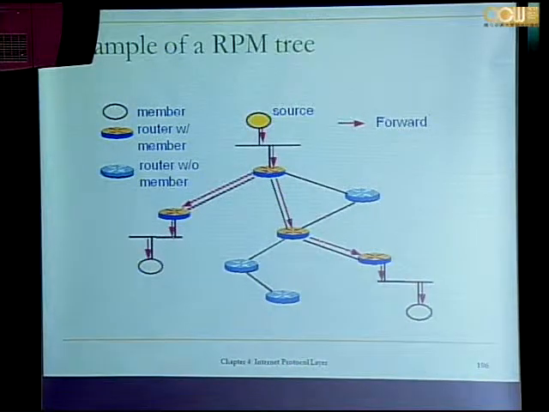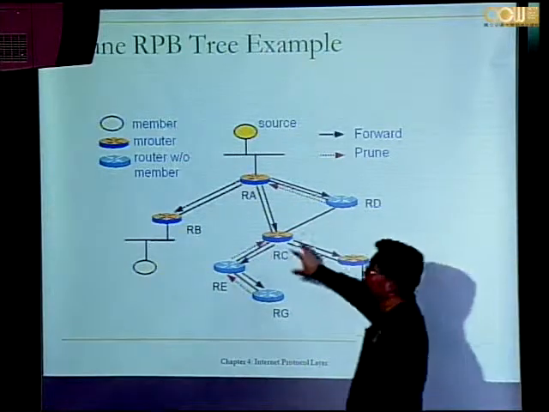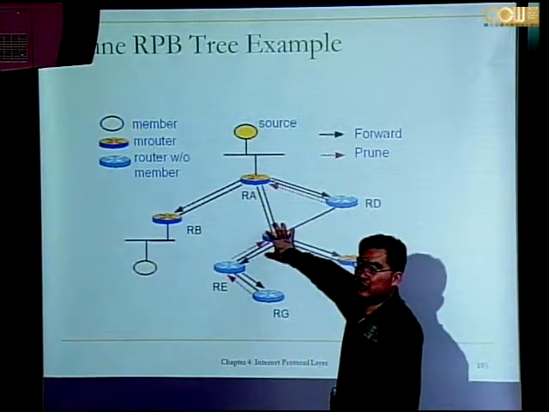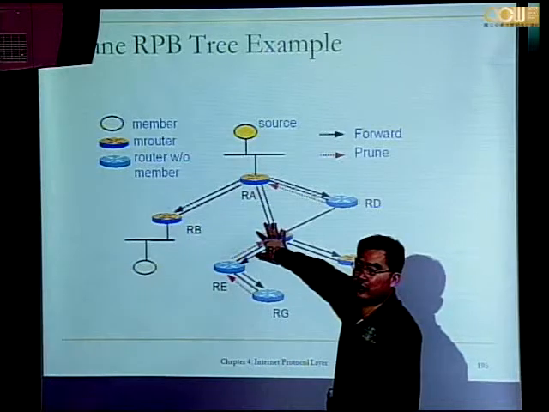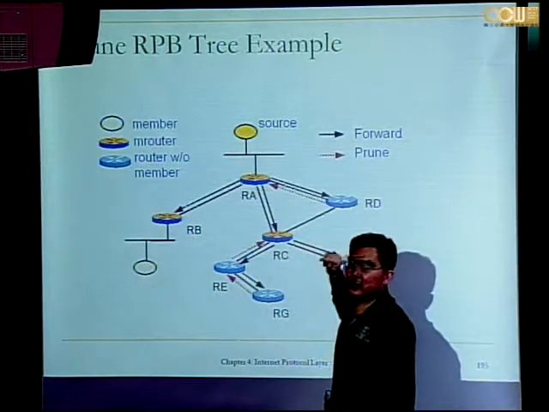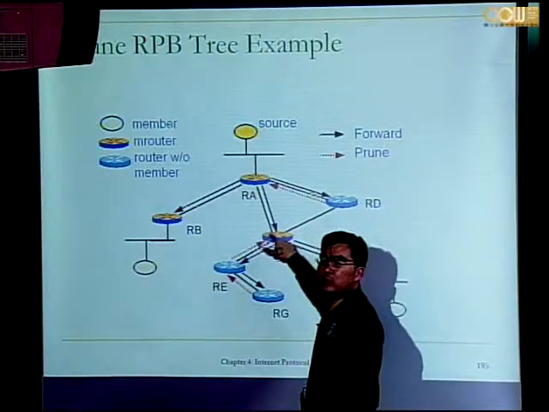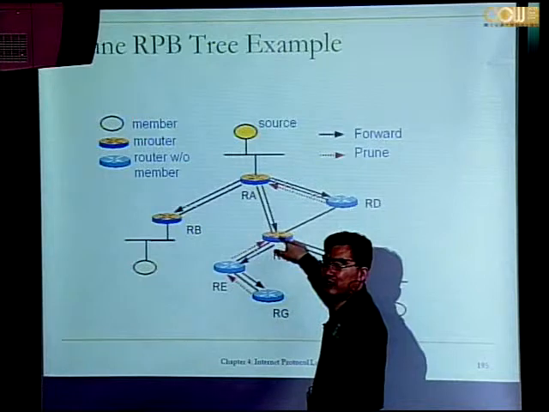However, the default is true, forward. For the routers, the default is to forward, unless I have a prune state kept. When I receive a prune message, I need to keep track. I need to memorize that prune state.